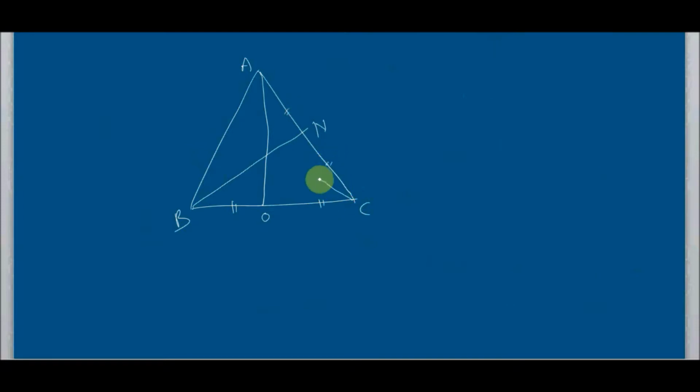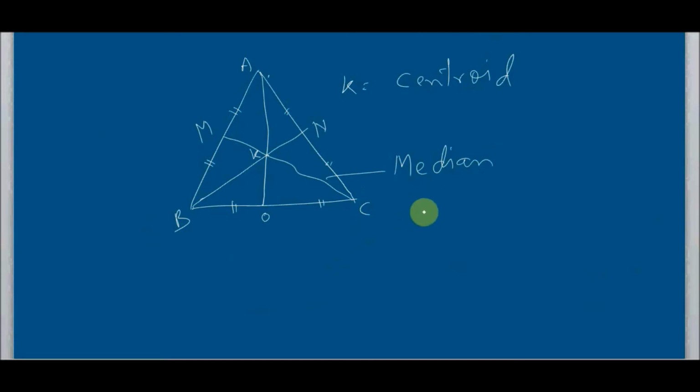And similarly, I draw a line CM such that this segment is equal to this. This point, suppose I call it K, is called the centroid. Remember it. And AO, BN and CM are called the medians of the triangle.